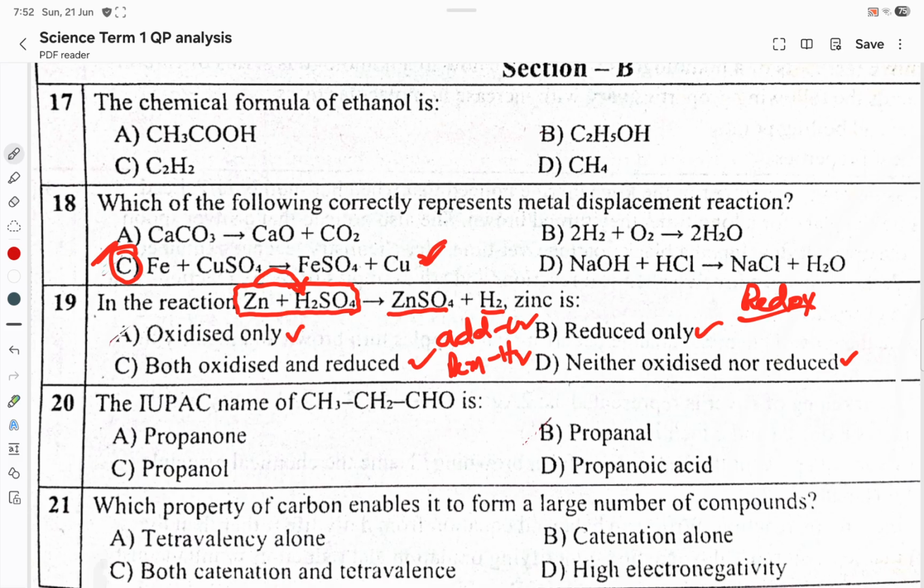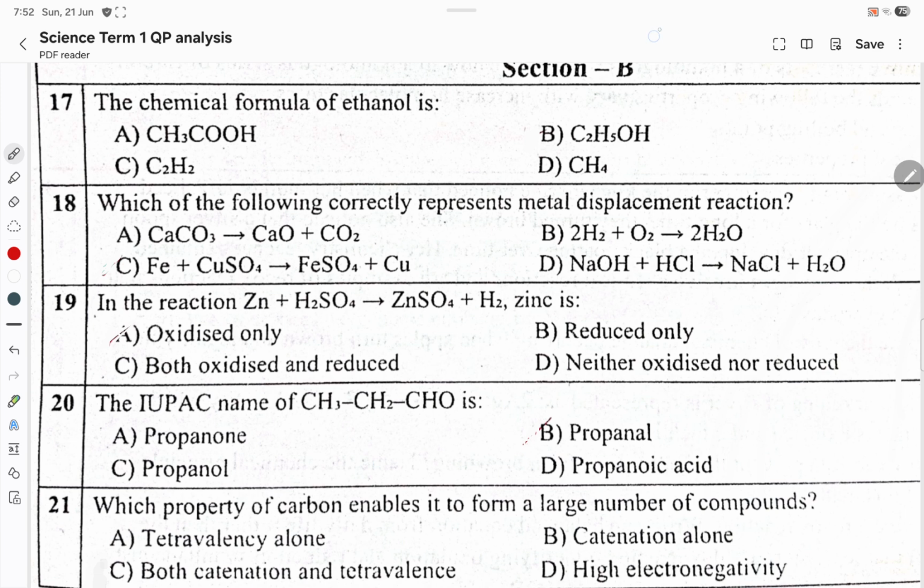But in terms of metals, we have different definitions. According to these, oxidation means loss of electrons, and reduction means gain of electrons. Now the question is, who will lose the electron?